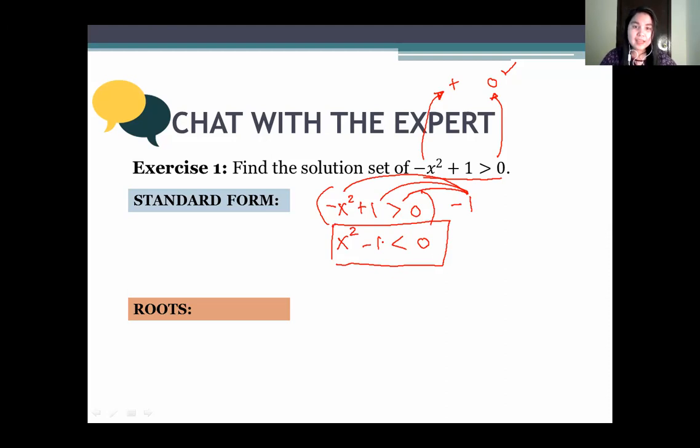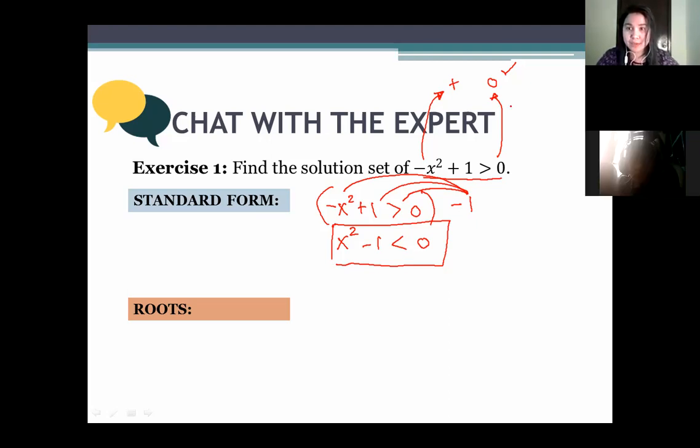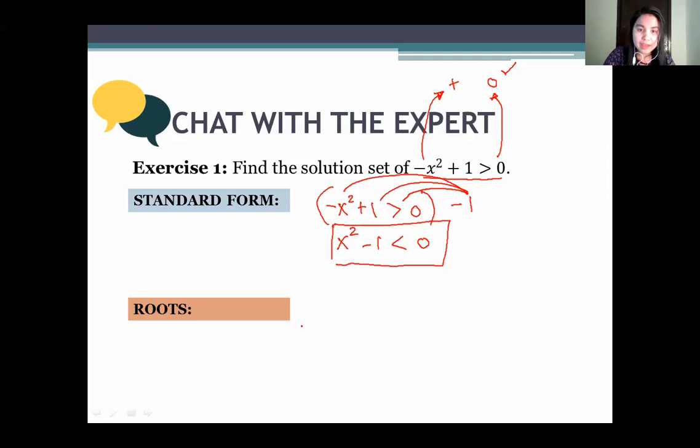Next, let us solve for the roots. Let me use extracting of square roots here, okay? Actually, it's the same as the equation. So first, we write it as an equal sign. Then x squared is equal, transfer to the other side, to 1.